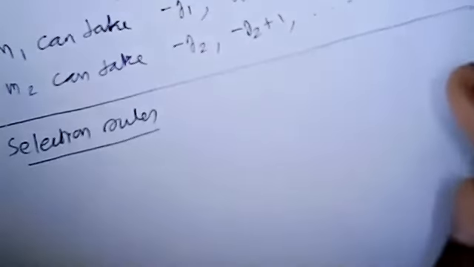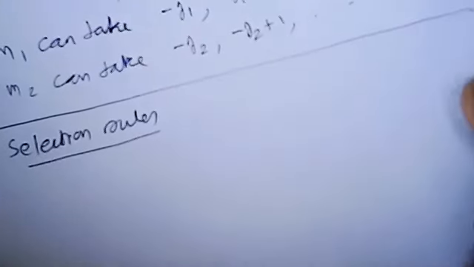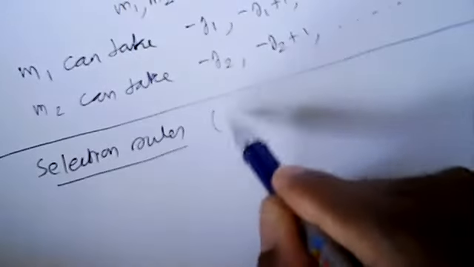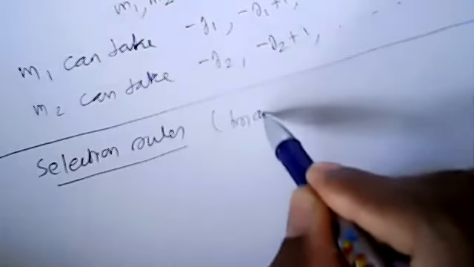Such rules are known as selection rules. Before finding the Clebsch-Gordon coefficient, we are going to derive these selection rules. First I will state the selection rules, which are also known as triangle rules.